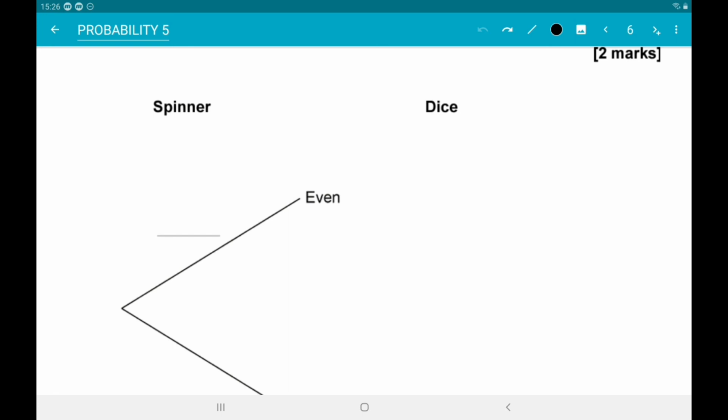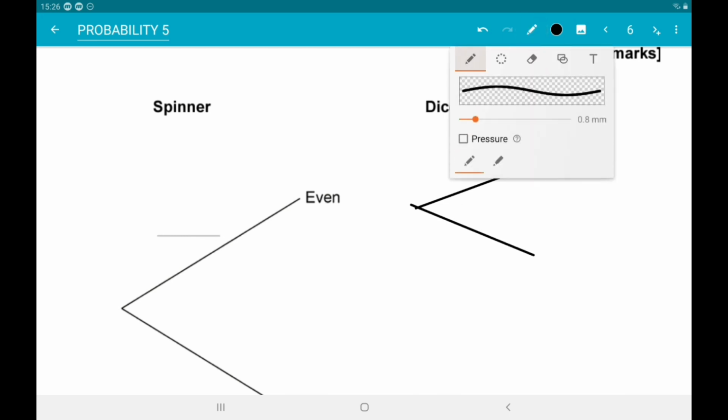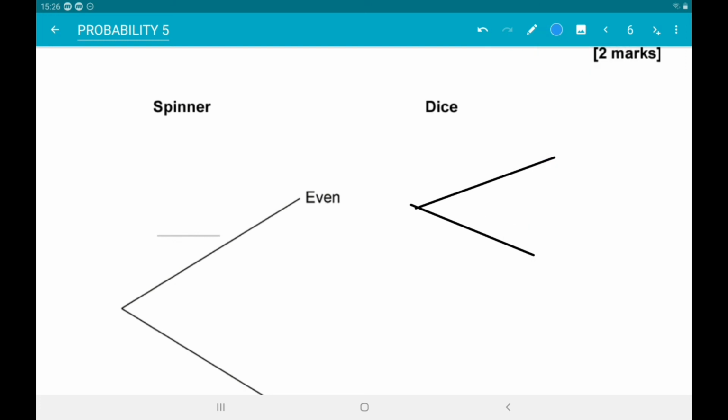Alright, so the dice is only thrown if the spinner lands on an even number. So on the spinner, the even numbers are 2 and 4. So that's 2 out of 5.